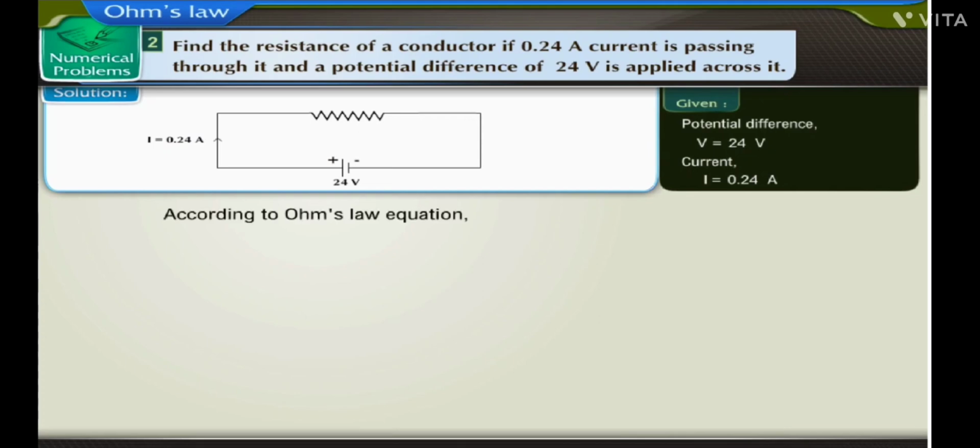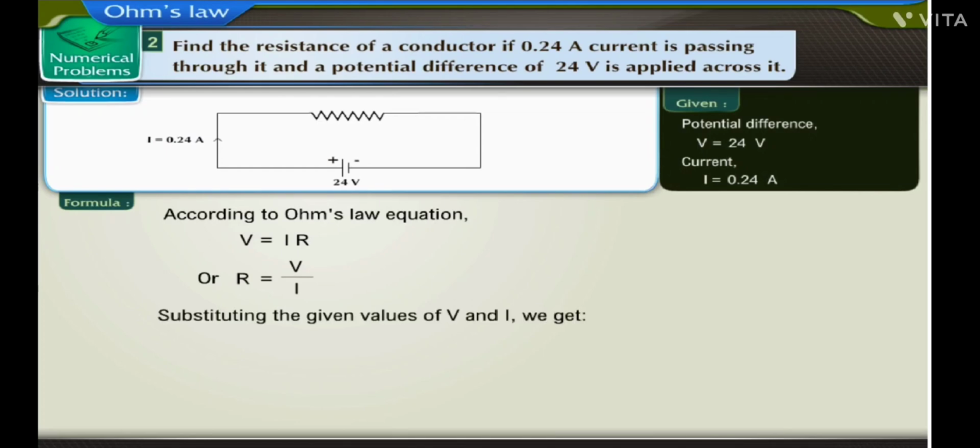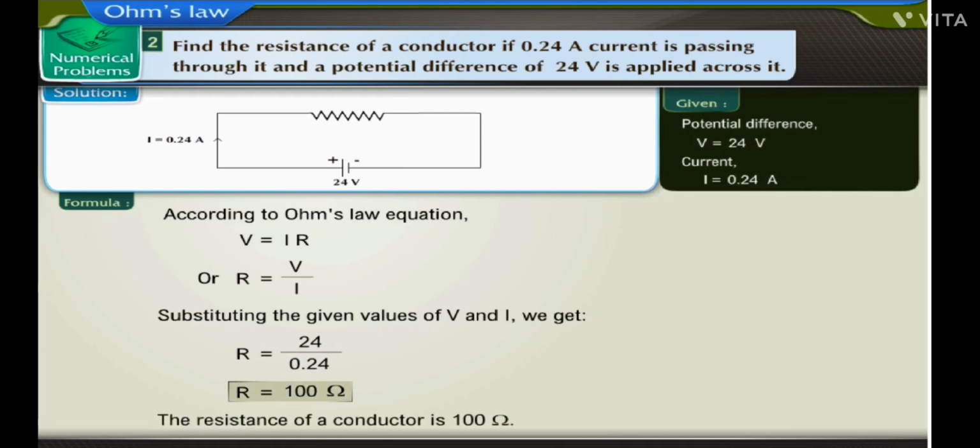The formula to be used is V is equal to IR. R is equal to V upon I. Substituting the given values of V and I, we get R is equal to 24 upon 0.24. R is equal to 100 ohm. Hence, the resistance of the conductor is 100 ohm.